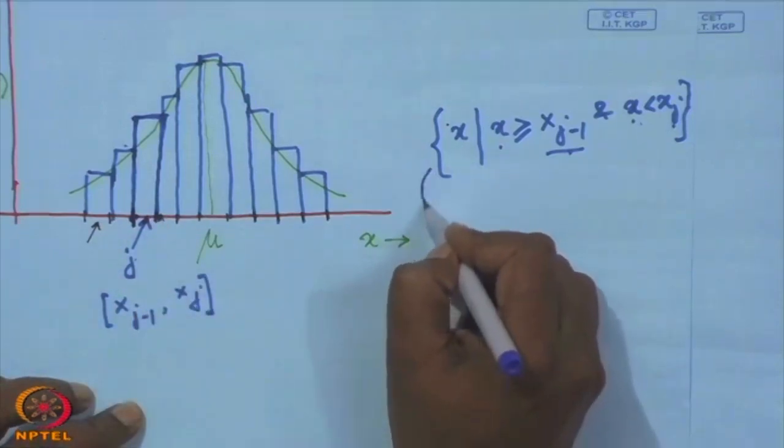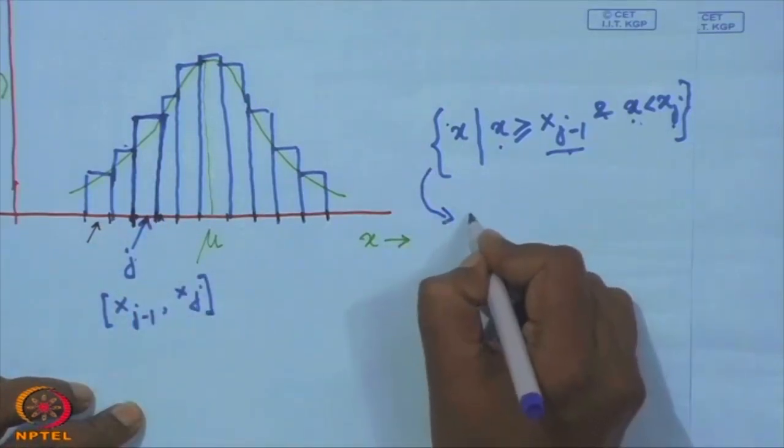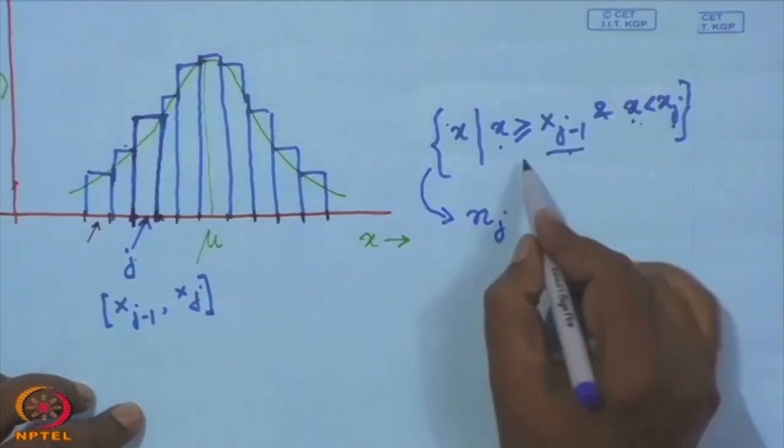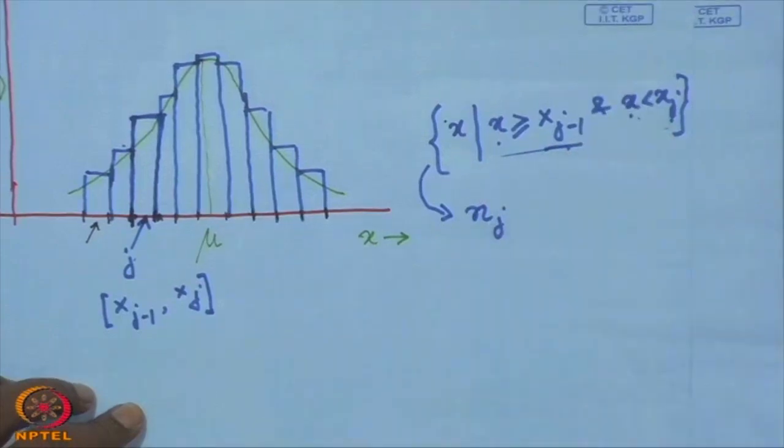The number of such samples which follow this condition, I represent by n j.